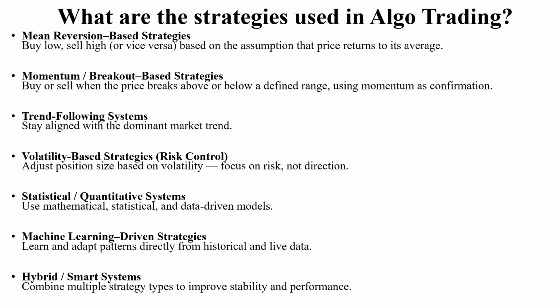Next interesting part is trend. The logic of following a trend means we are understanding the dominance of the market, either on the bullish side or the bearish side. So we will try to understand the trend also. Then volatility. Volatility basically helps to understand how volatile the market may be. So it helps for risk control. You can adjust your position based on the volatility.